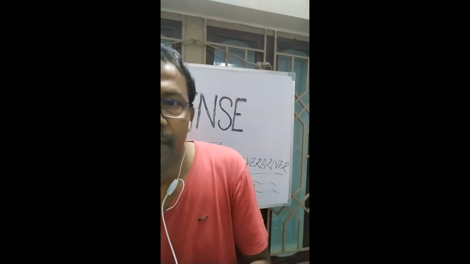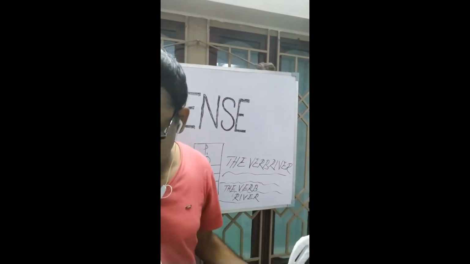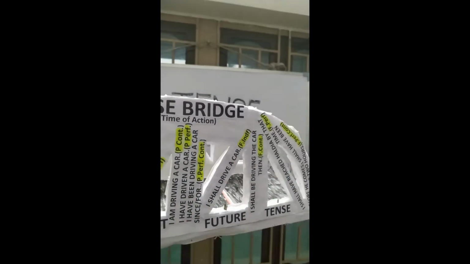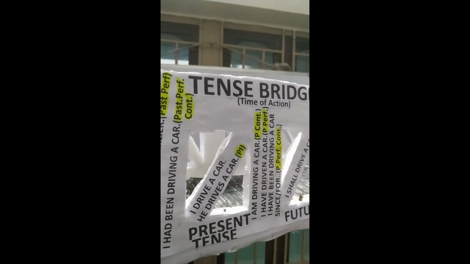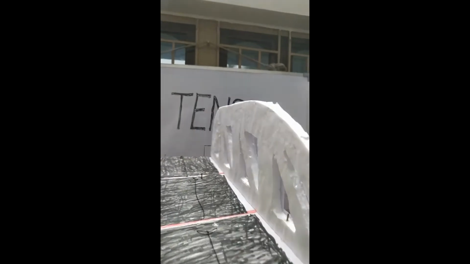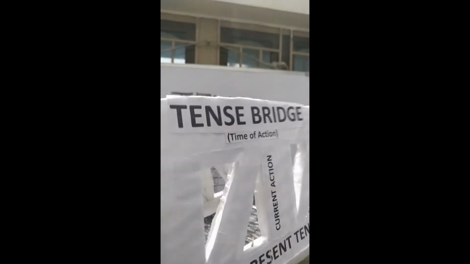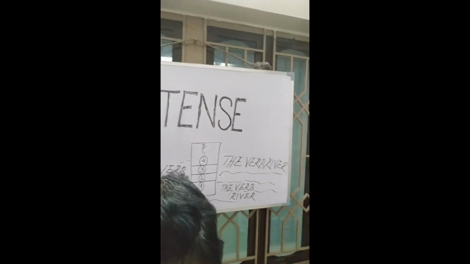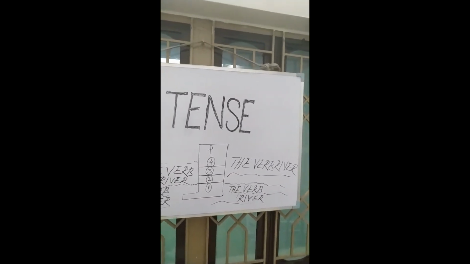Similarly, in my 10th bridge, see the bridge. I want to show you the bridge once again. This is the 10th bridge. In the 10th bridge, there are also 3 pillars.